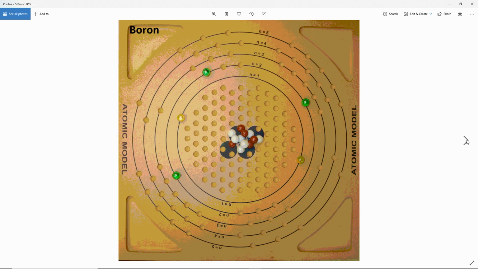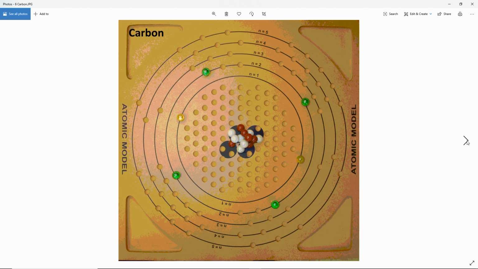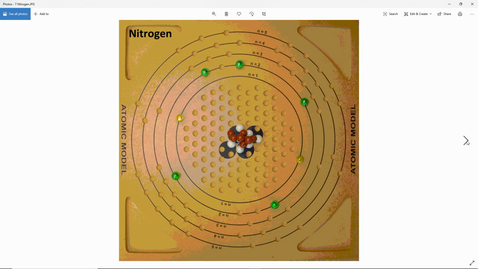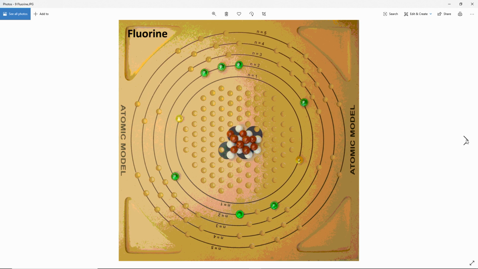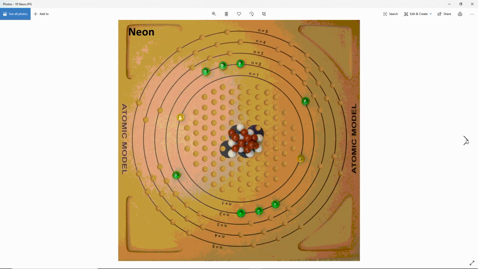Then boron has 5 electrons, 3 in the second shell, and carbon, 4 in the second shell, nitrogen, 5 in the second one, with the first one always 2, and oxygen 6, fluorine 7, neon 8. Okay, totally 10 electrons. 2 stay in the first circle, 8 stay in the second circle, totally 10.